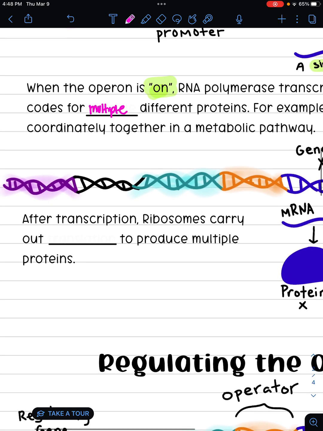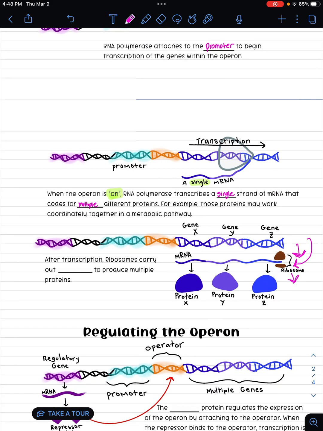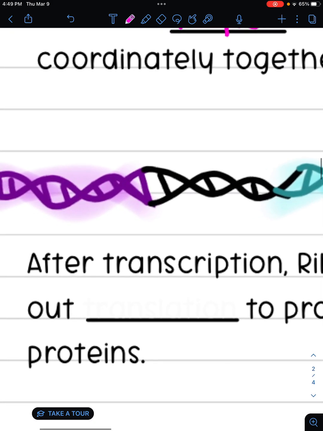Okay, so after transcription, the ribosomes carry out blank to produce multiple proteins. This is easy. This is from another chapter. Remember, this is transcription, and this one is translation, making proteins. Okay, so let's write that.